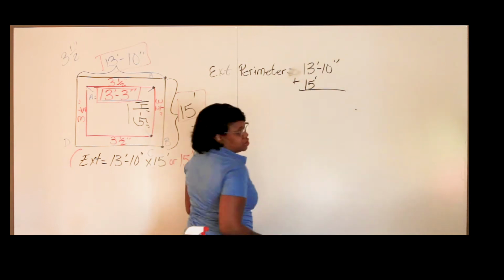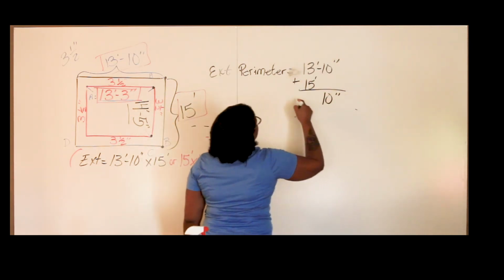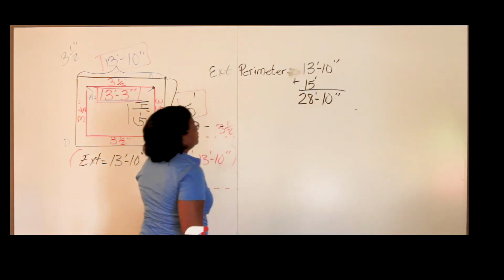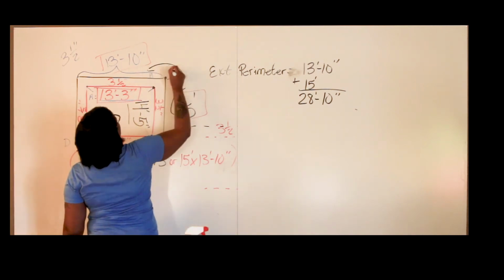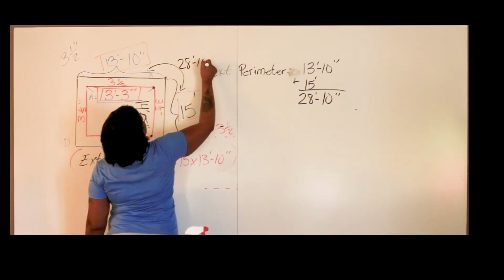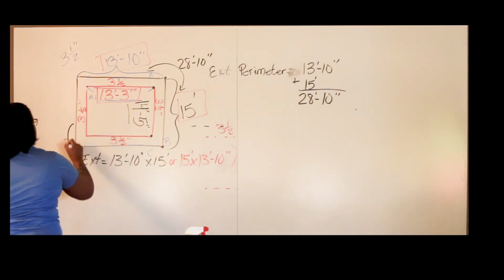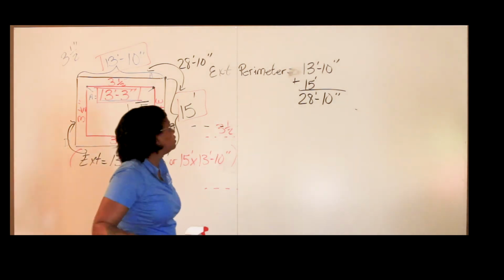So I'm going to start with my inches. I know I have 10 inches. 13 plus 15, we got 28 feet, 10 inches. So the information for these two adjacent walls, 28 feet, 10 inches. But I have to take that and double it up because these two walls also equal 28 feet, 10 inches.